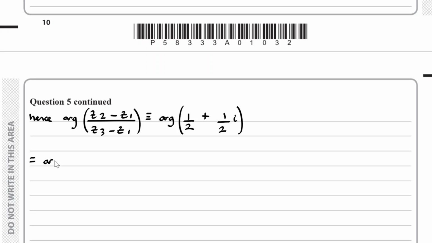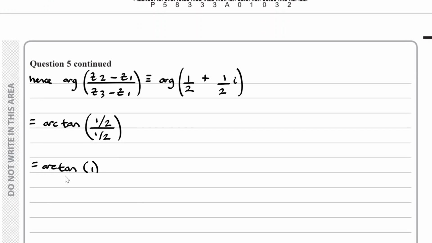That's the arctangent of 1/2 over 1/2. So we're finding out the arctangent of 1, which is equal to pi over 4. Okay.